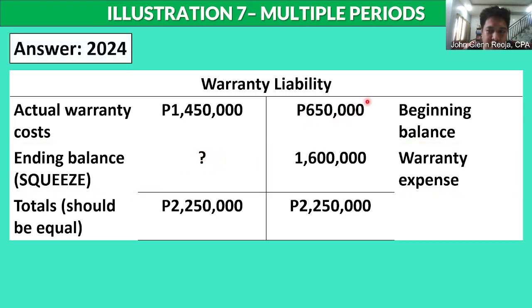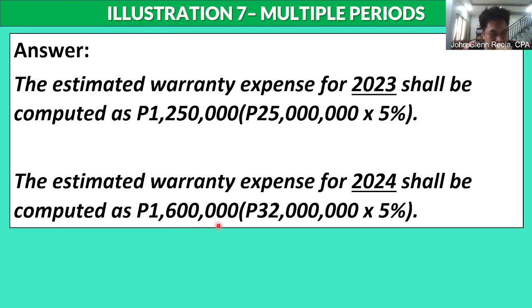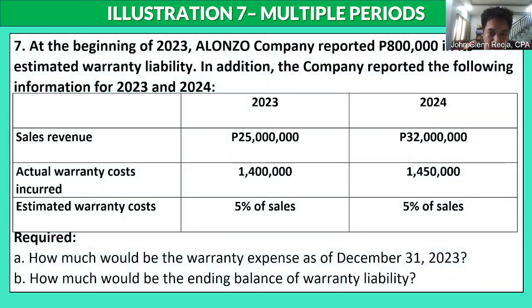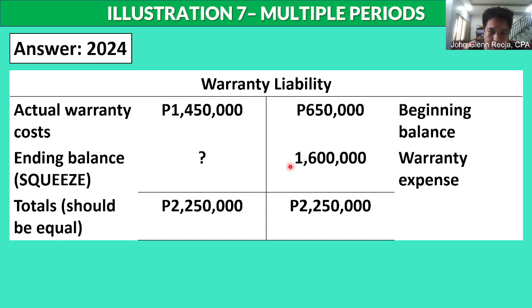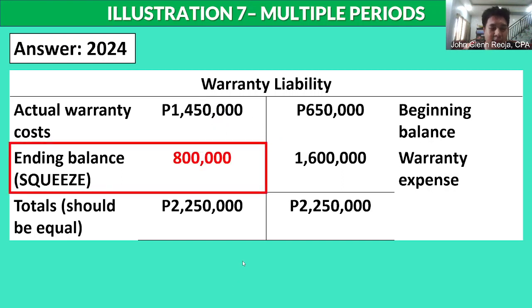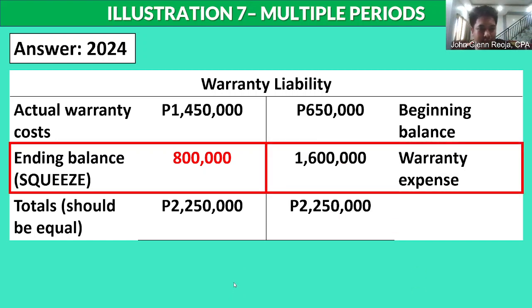Then we add the warranty expense we computed earlier, 32 million times 5%, which is 1.6 million. So 650,000 plus 1.6 million, then the entity actually incurred 1,450,000 during 2024. So they have an ending balance of warranty liability amounting to 800,000 and warranty expense of 1.6 million.